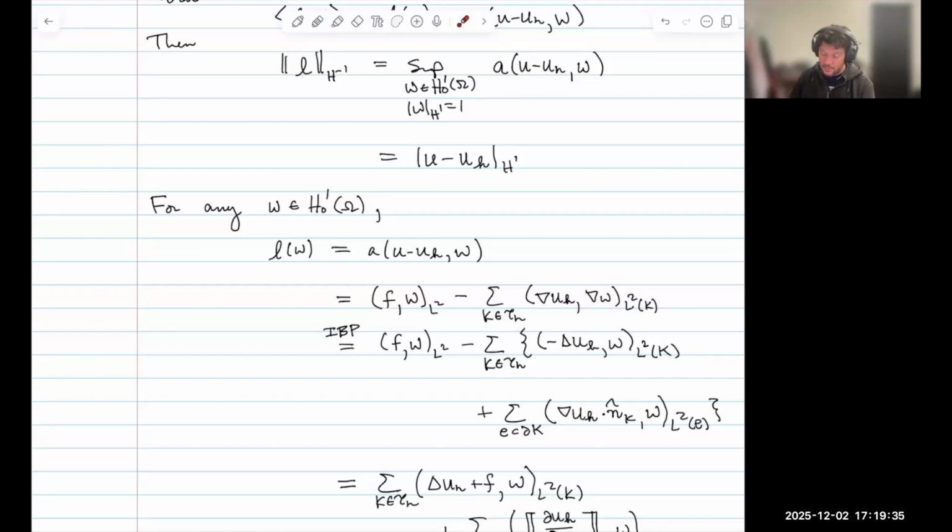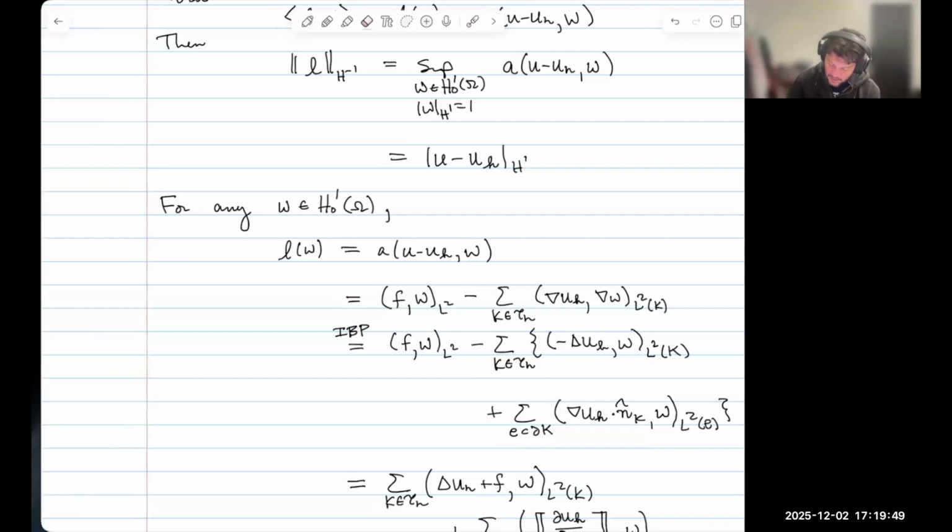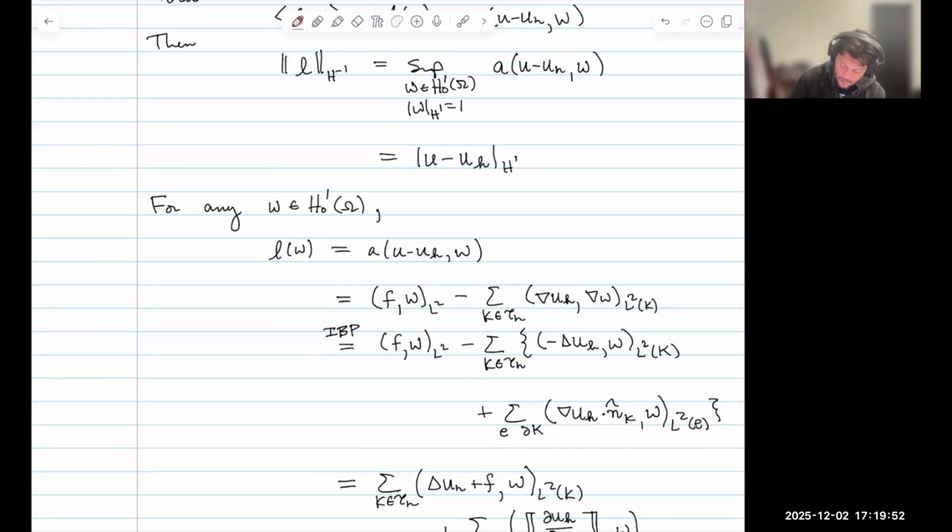So if we do integration by parts, I throw the derivative onto this side, I get a minus sign, and then I also have a boundary term, right? The boundary is what? It's all the edges, and I want to stay consistent and use that abusive notation. The boundary term is all the edges in the boundary, and I have a term which looks like this. Okay, this is the outward pointing unit normal on the whole triangle.